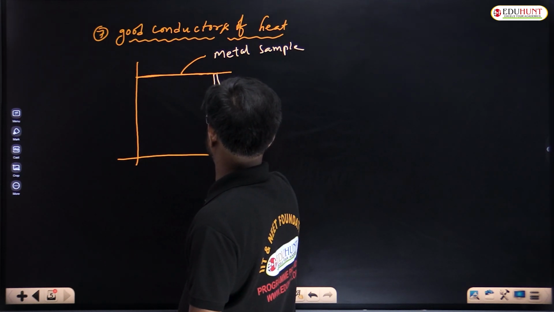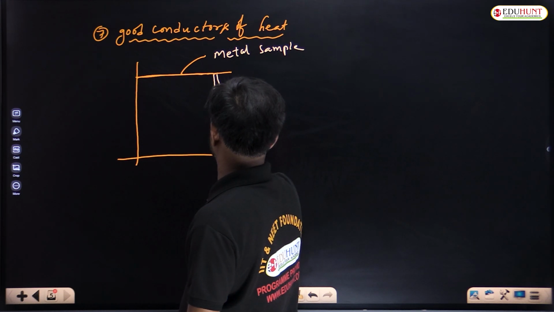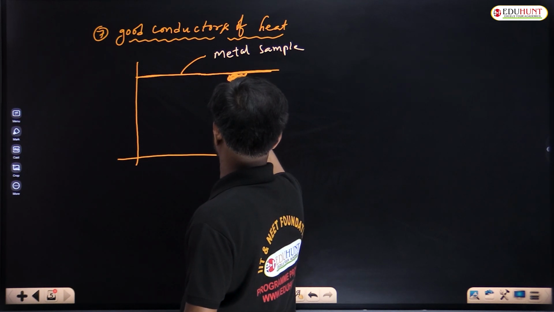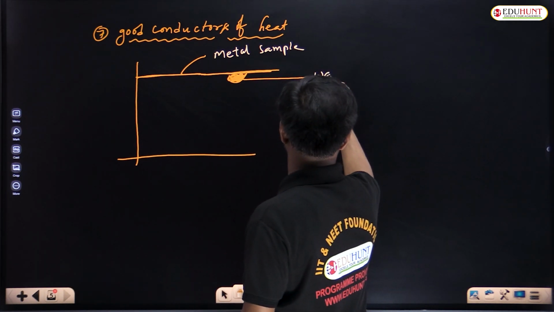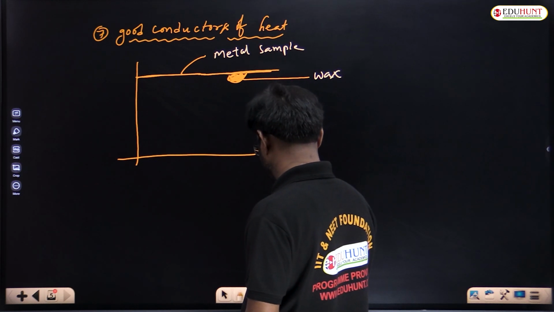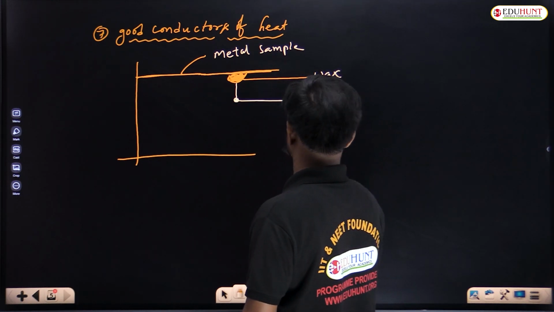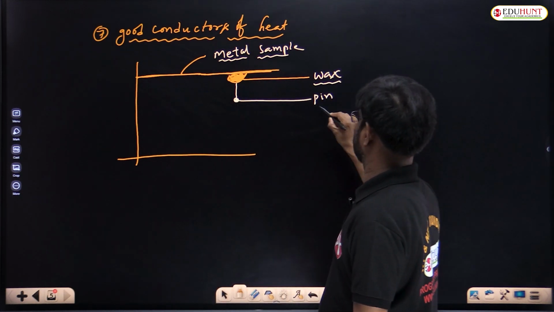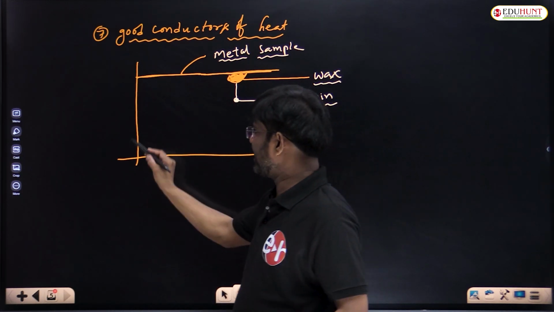This is wax and this is a pin. This is the metallic sample. This is wax. This is the pin. This is the iron stand.